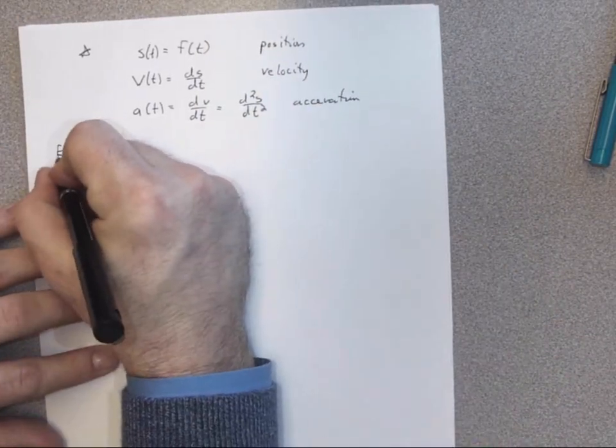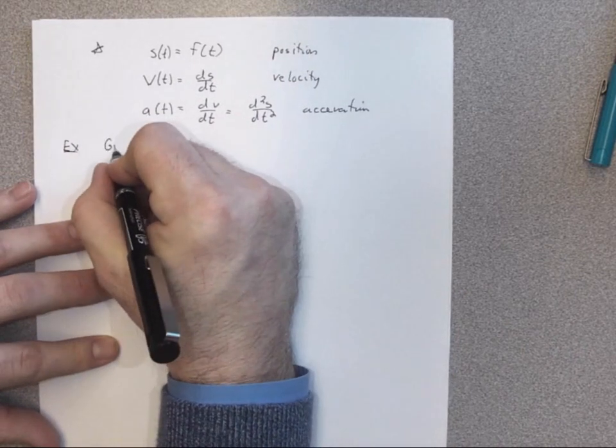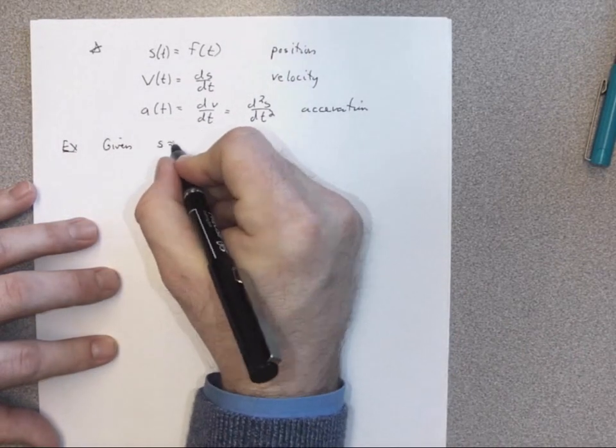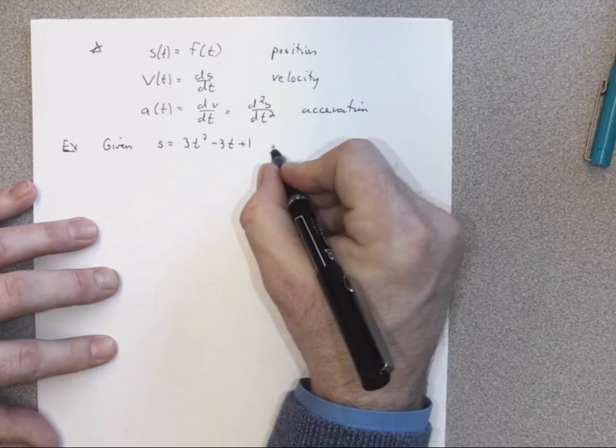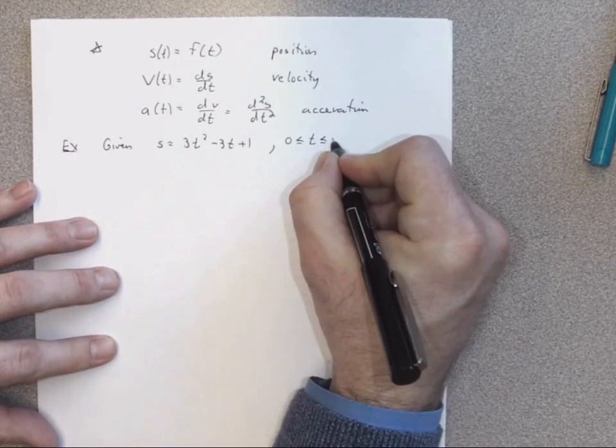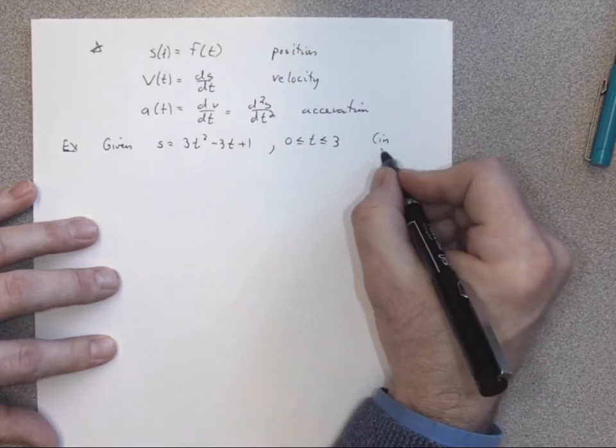Example: given s is equal to 3t squared minus 3t plus 1, where 0 is less than or equal to t, which is less than or equal to 3, and this is going to be in meters.